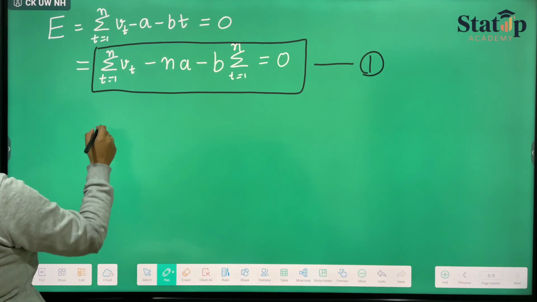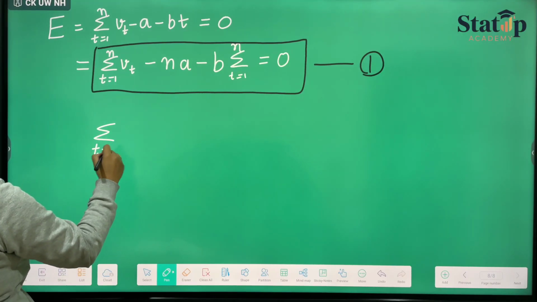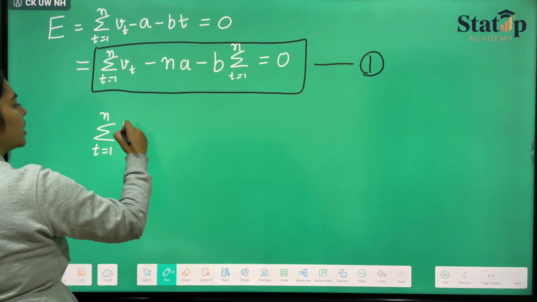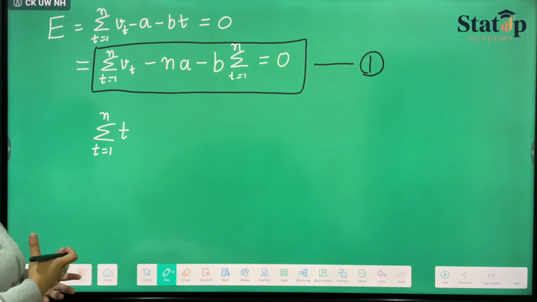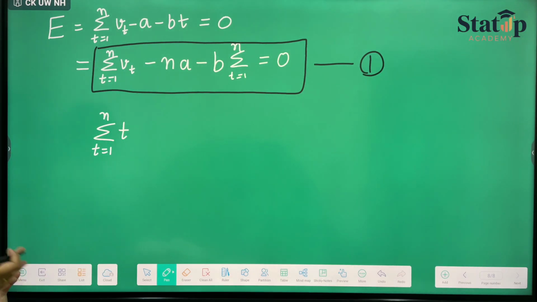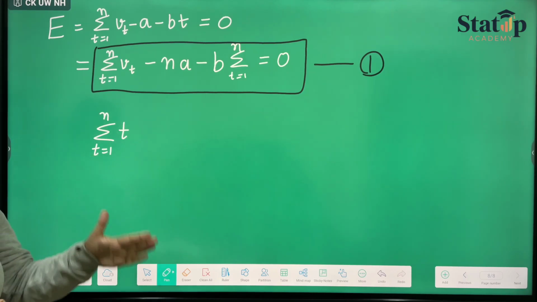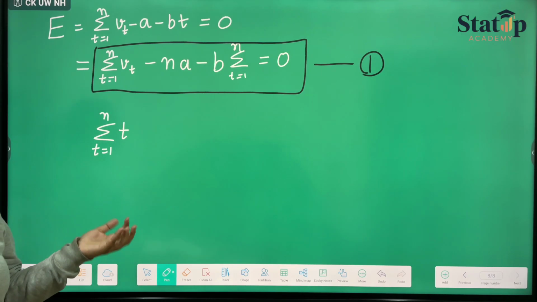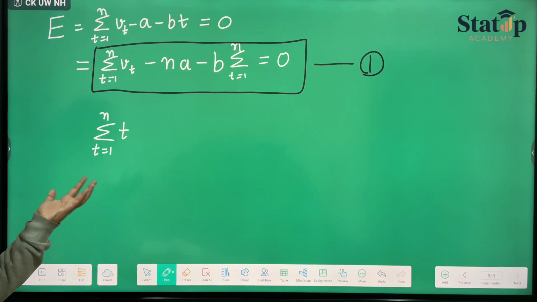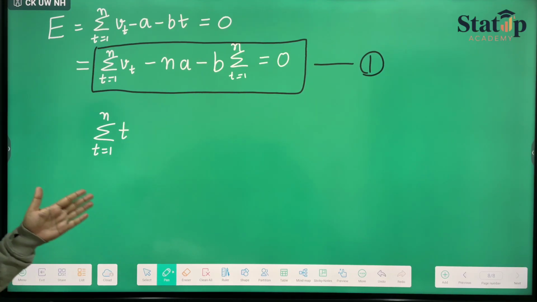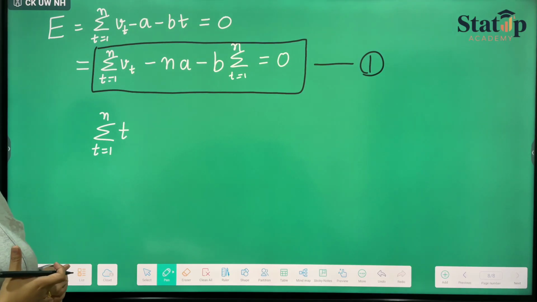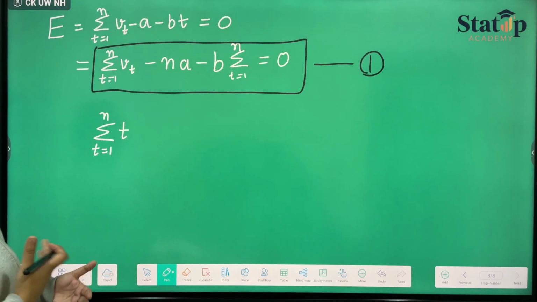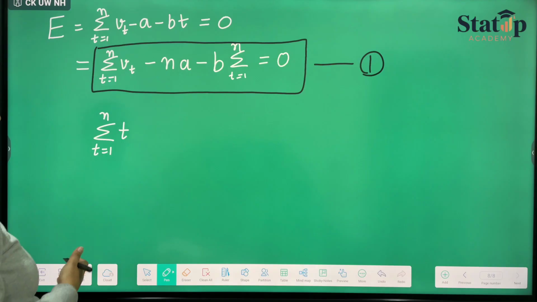And for the second normal equation, we'll multiply each with t, because we have to find two values, of the two constants a and b. In the first case we multiply by summation t to the power 0, and in the second case we'll multiply by summation t into t. If we had more constants, we would have multiplied likewise with more powers of t.